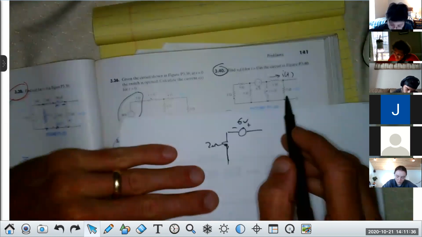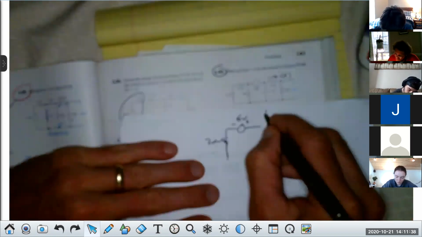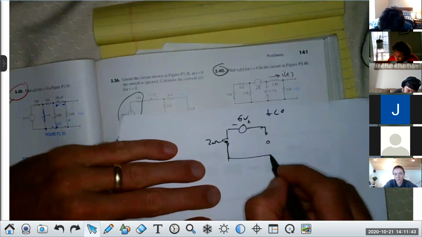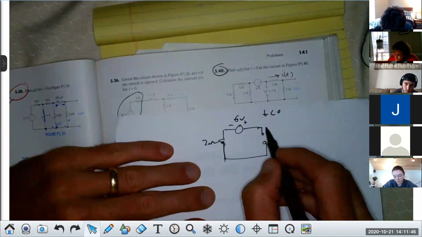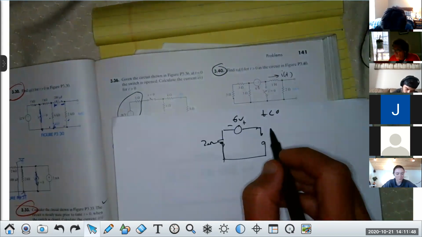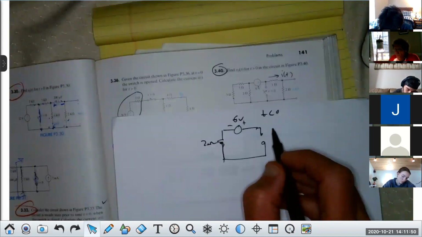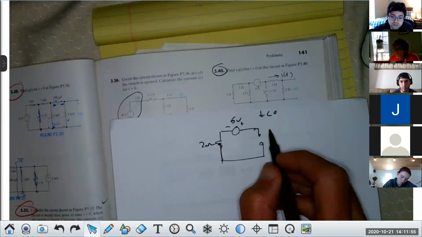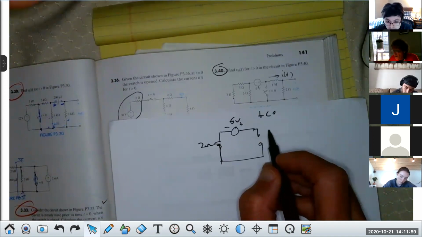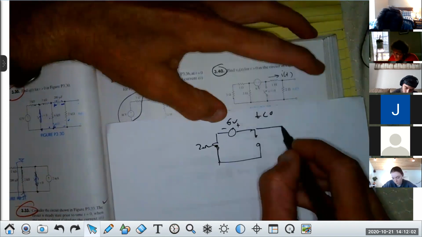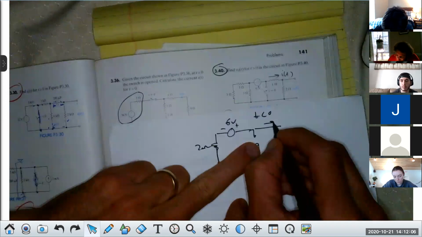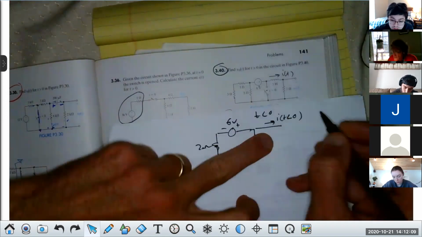Now I look over here, and go for t less than 0 first. There's a switch there, and it's open. Over here I have an inductor. What does an inductor look like when it's been in the same state for a very long time? Short. Short circuit. It's a wire if nothing's happening, so replace it by a wire. Now, that is the current I want, and this would be for t less than 0, correct, class?